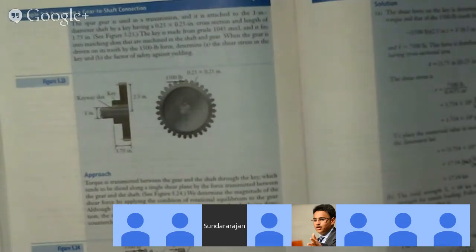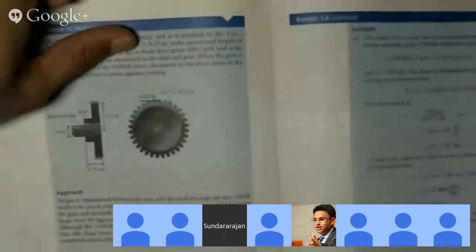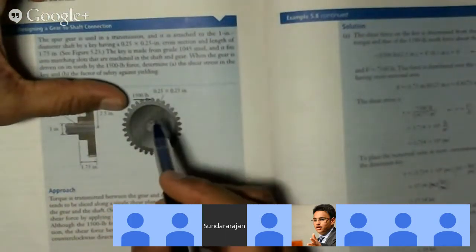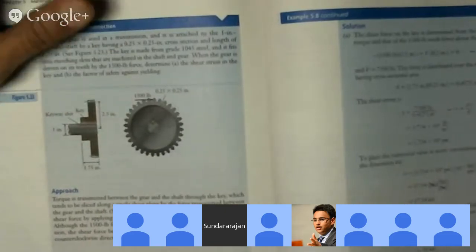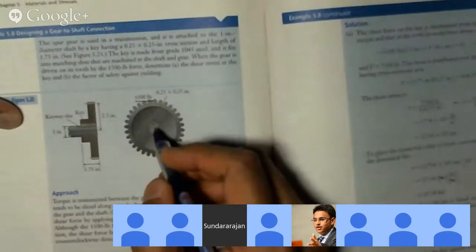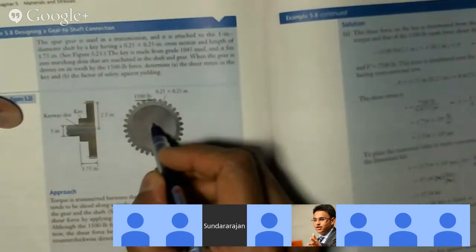Well, I know the book says it's supposed to be shear force, but I don't quite understand why yet. Okay, so if we have a 1,500-pound force here, what is the torque on this? I mean, 1,500 times the radius. That's the torque. So if that is the torque, then what is the force experienced by this key?